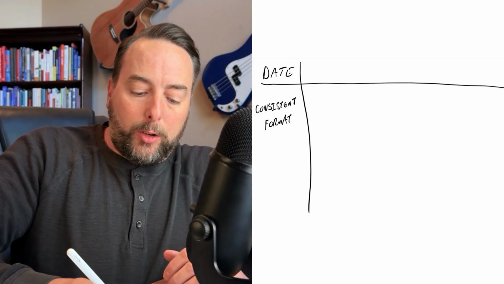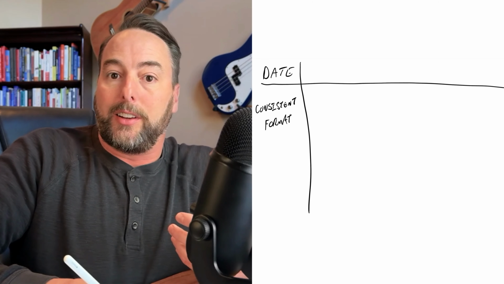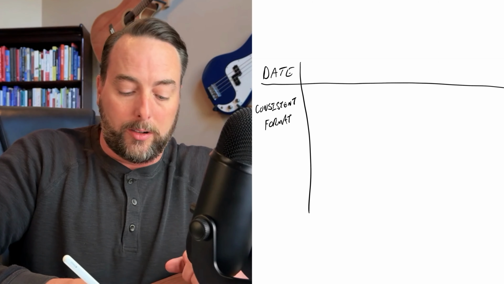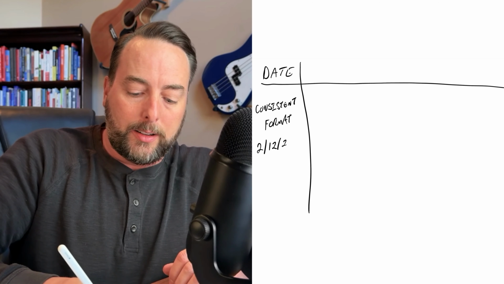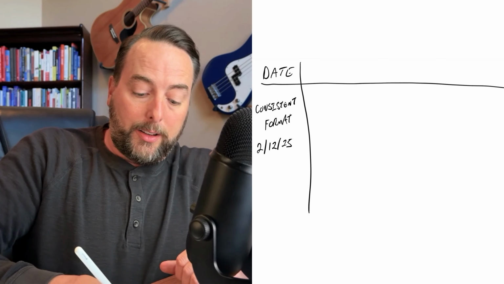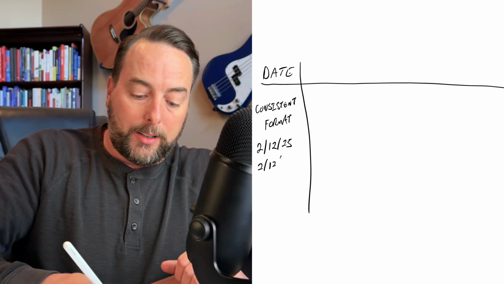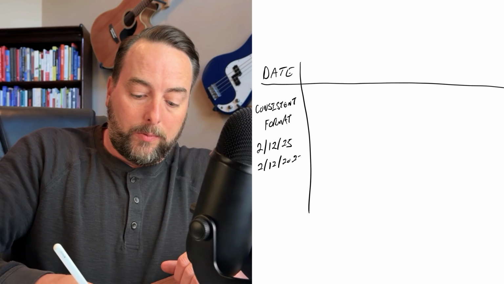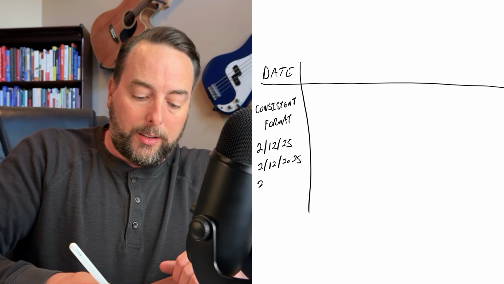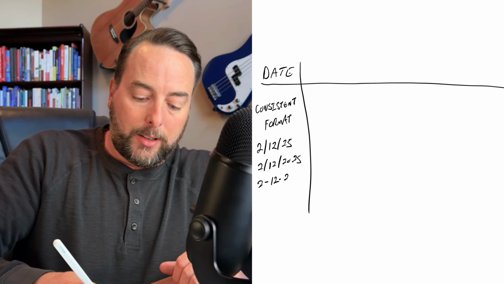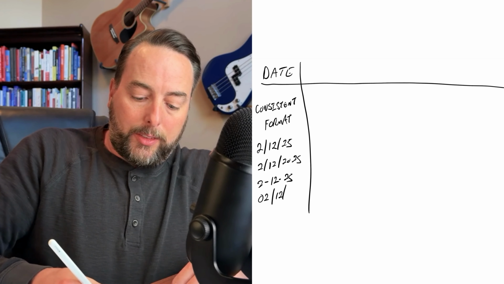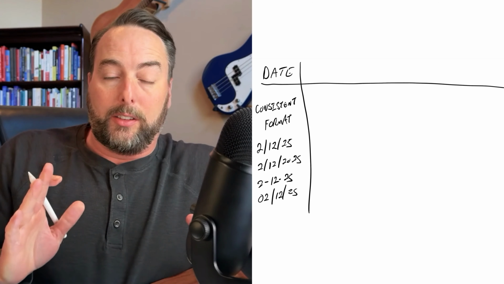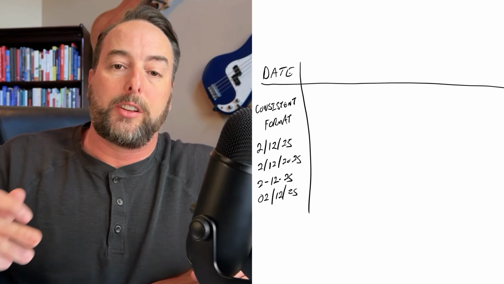I mean, you don't want to have some, let's see, today is 2/12. So I don't want to have some like this, right? And then others like this. And then others like this, or even with an O2, right? Any of these, and there's many other formats.